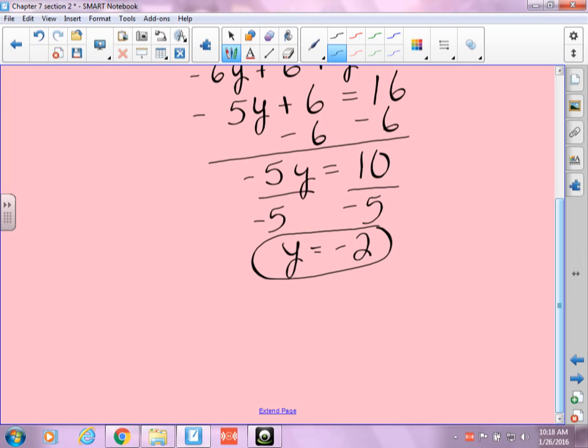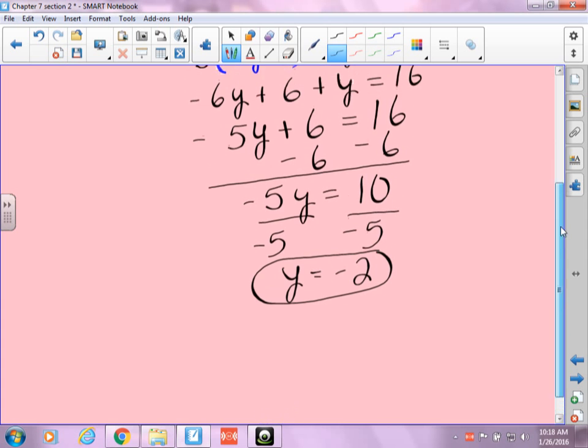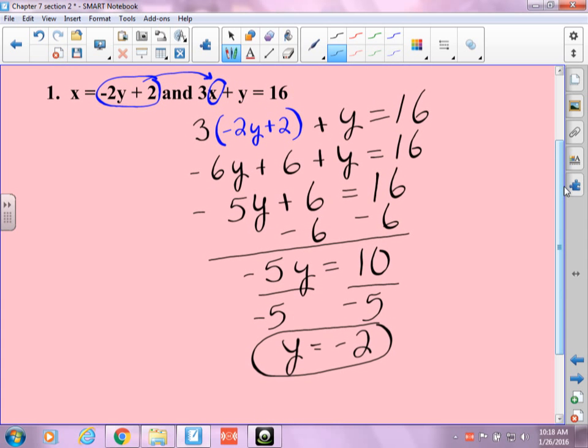Yes, ma'am? I have a question about the negative 6y plus y equals 16. Why couldn't you do it plus? Okay, so you're saying why didn't I add the 6y with the other y and then it was 7?